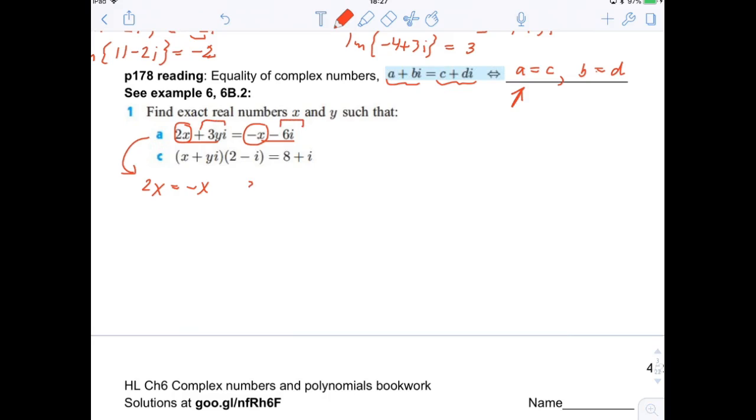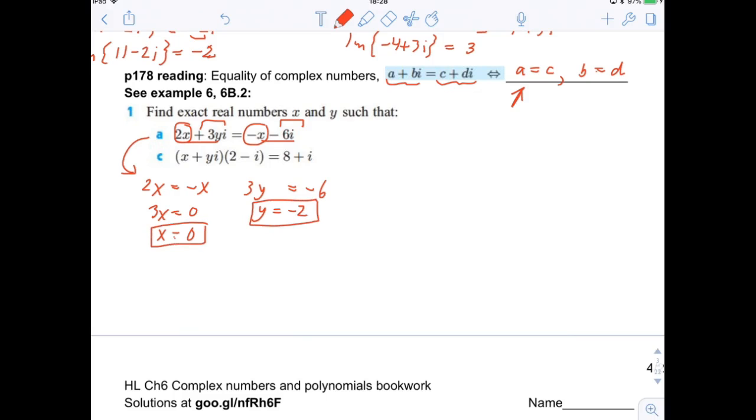So plus 3yi equals negative 6i. Now that we made them equal to each other, we can cancel out the i's. And here, if we add x to both sides, we get 3x equals 0. So we then know that x equals 0. And here, 3y equals negative 6, so we divide both sides by 3, and we get y equals negative 2.